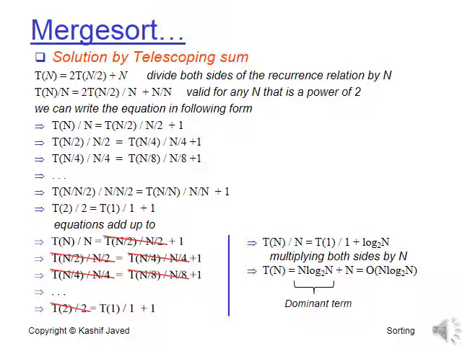Thus we get T(n)/n equals T(1)/1 plus log base 2 of n. Now multiplying both sides by n, we get T(n) equals n log base 2 n plus n, which basically equals order n log n.